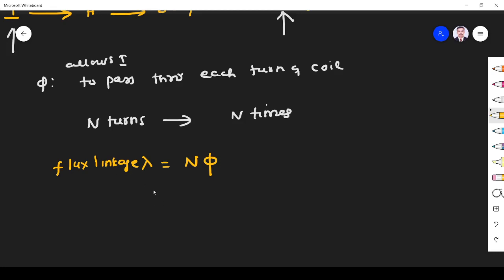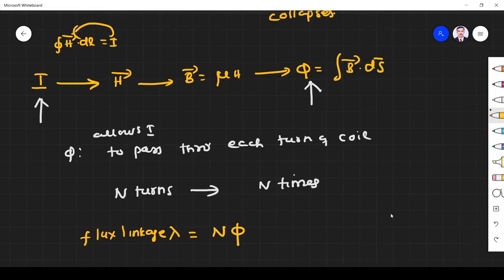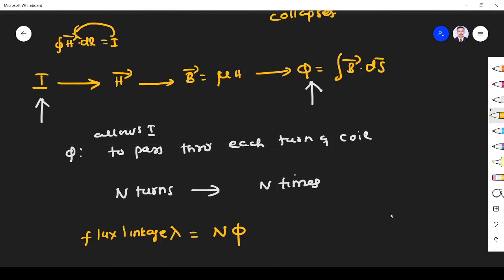When current I increases, phi increases, and when phi increases, lambda will increase. So lambda is equal to n phi, and when current increases, lambda will increase.